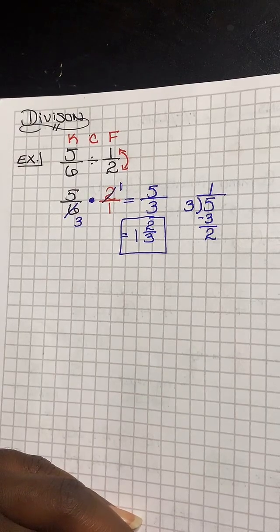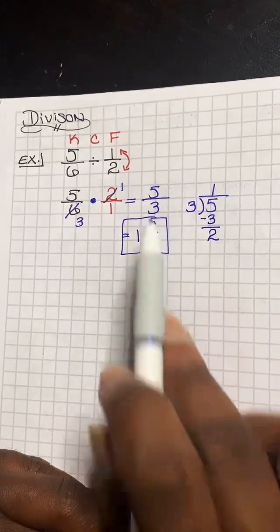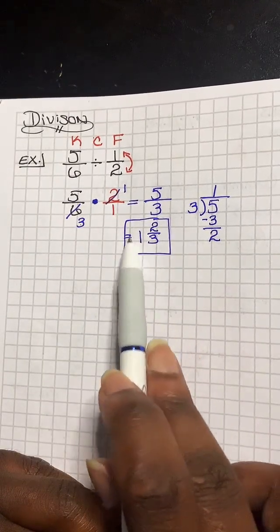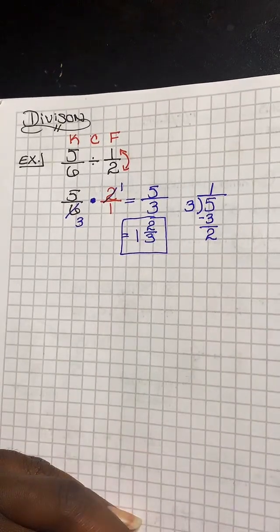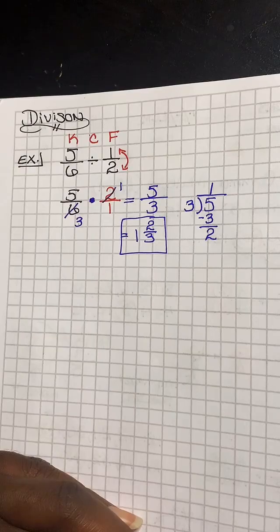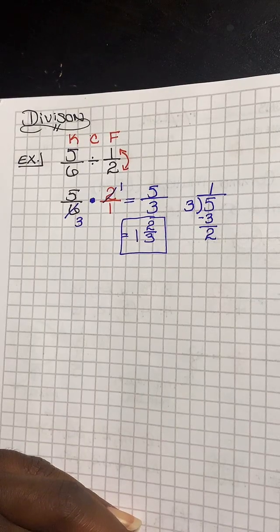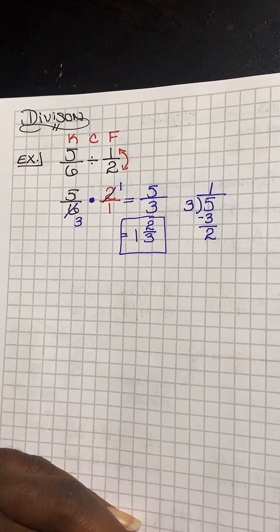Sometimes you could just leave it as 5/3, but just so you can get practice using mixed numbers, we'll take it to that extent. When it comes to fractions, that's okay. Yes, when you're dividing, you always flip the second one. Correct. You're good?